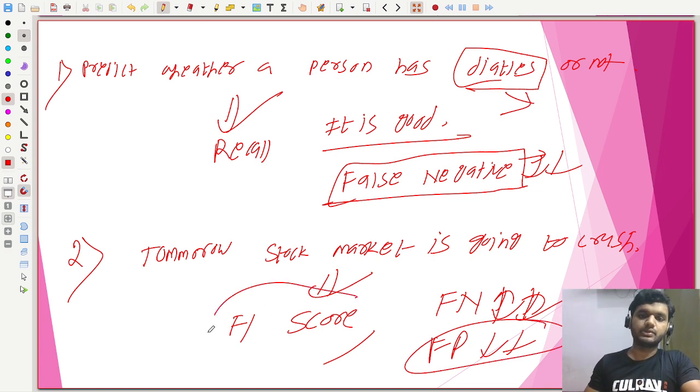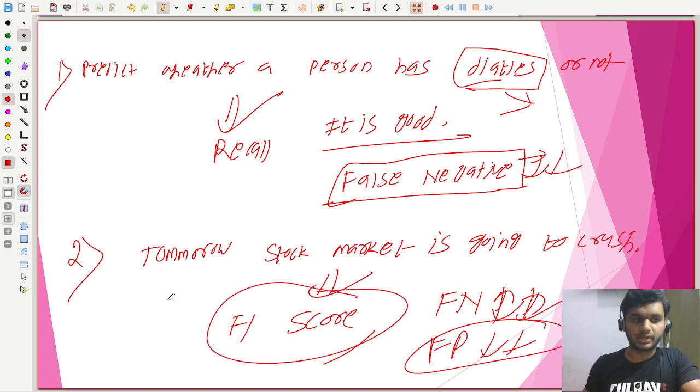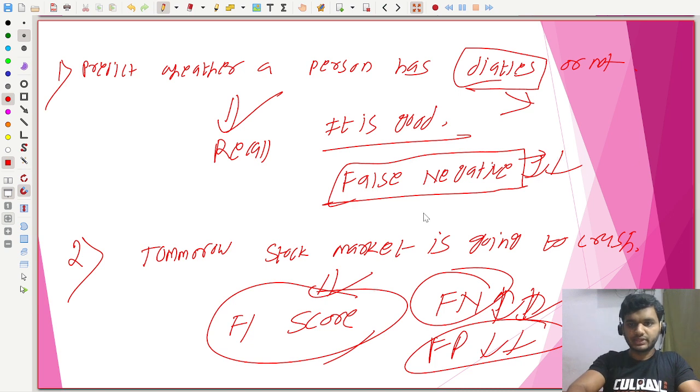In this case, you will use F1 score. Precision measures the proportion of true positive predictions out of all positive predictions made by the model. But in recall, we focus on false negative. So it is the real life example of F1 score.